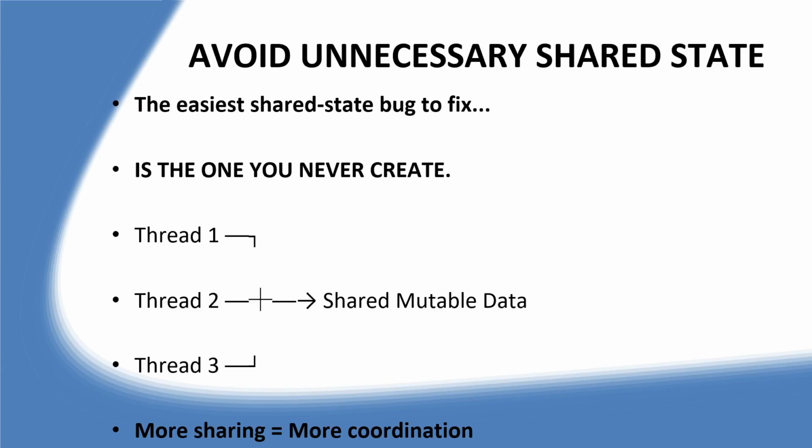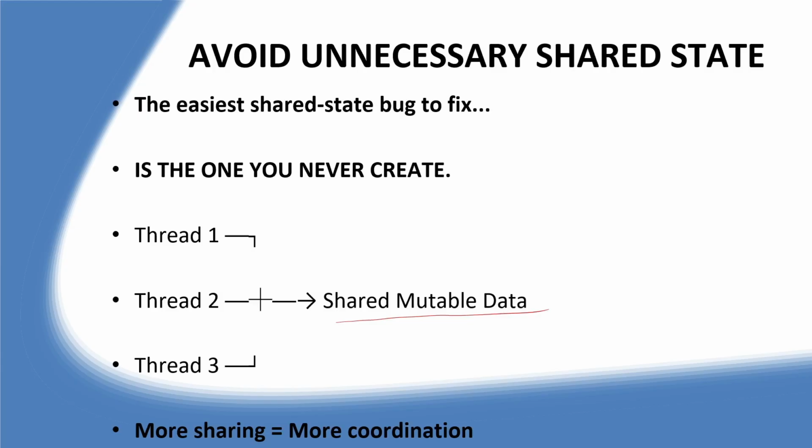So before asking how should I synchronize the variable, ask a better question: does this variable actually need to be shared? If each thread can work with independent data, many concurrency problems disappear automatically.